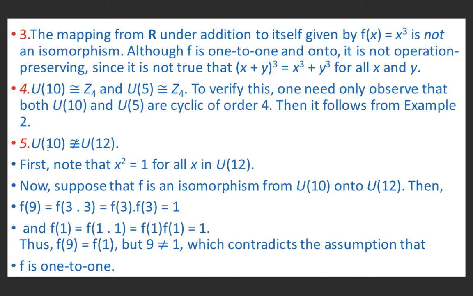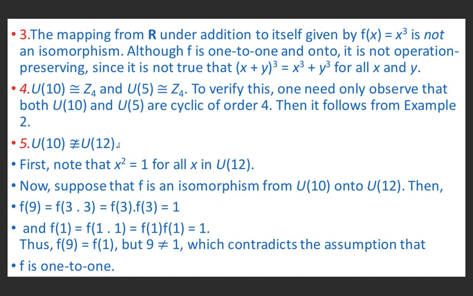However, U10 is not isomorphic to U12. First, notice one thing that in U12, x square is 1. First of all, U12 is the set of positive integers less than 12, and here the operation is that of multiplication modulo 12.